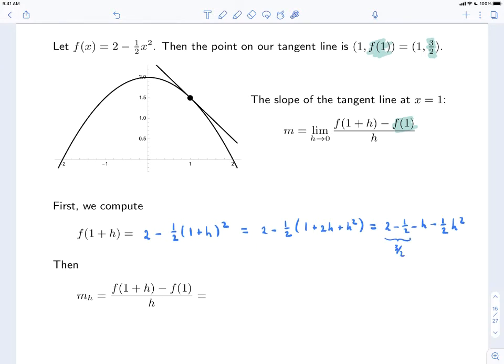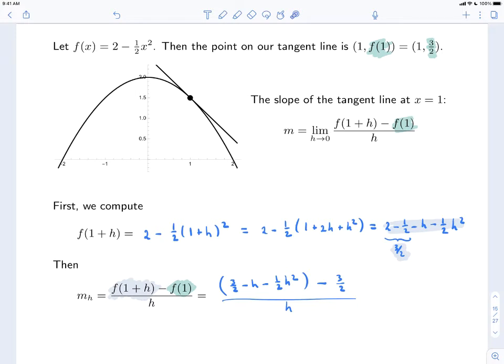Now we can take this and plug it right into here. We know what f of 1 is, we've already established that. And f of 1 plus h is the thing we just computed, but let's use that 3/2. So let's plug it in. We're going to have 3/2 minus h minus 1/2 h squared, and from that we subtract f of 1, which is 3/2, and all of this is divided by h.